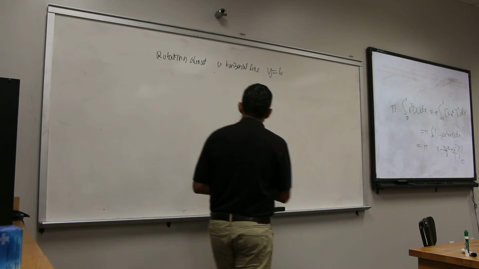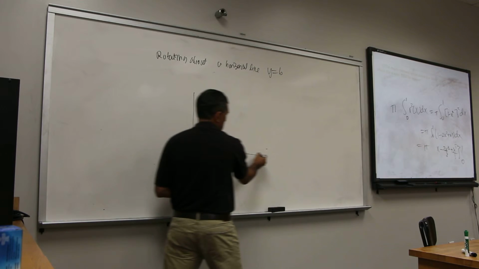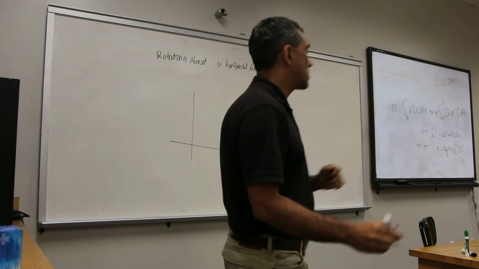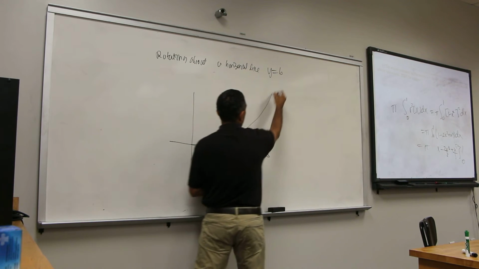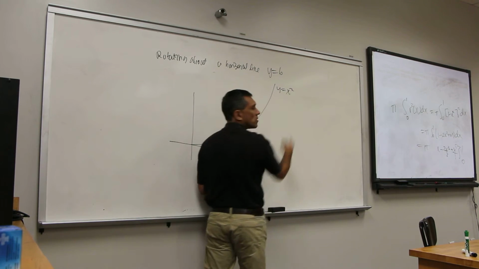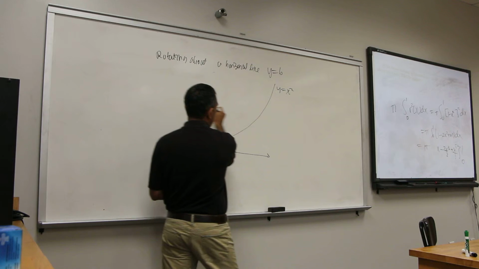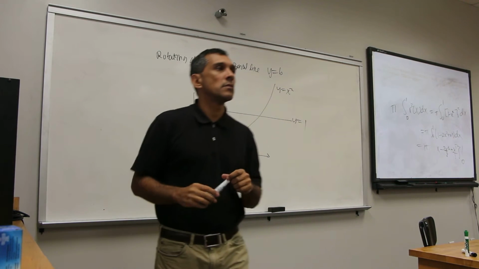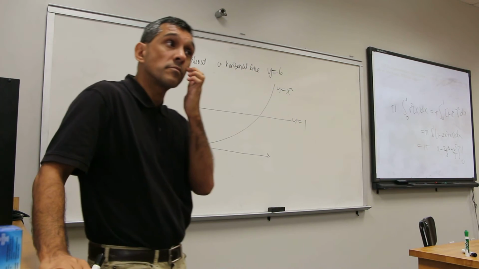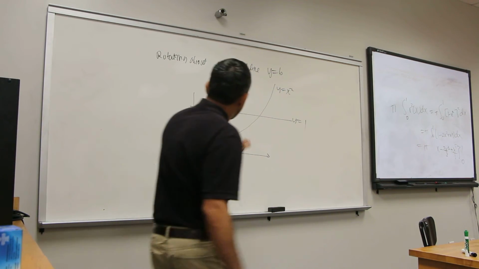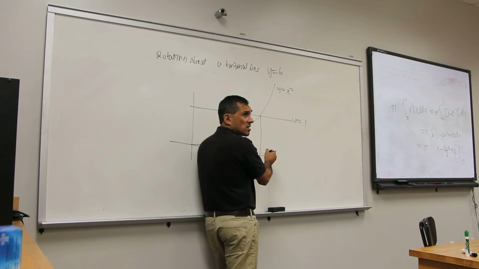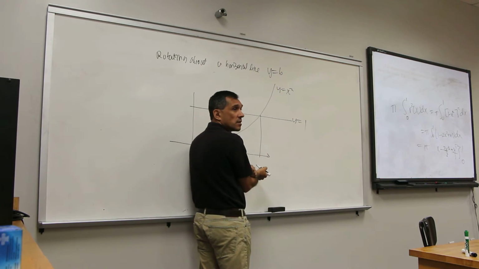So, Mr. Harris, you have the area between these two curves, y equals x squared and y equals 1. And you want to do what, Mr. Harris? You want to rotate this or between that. So you know where these two curves intersect. Where do these two curves intersect?